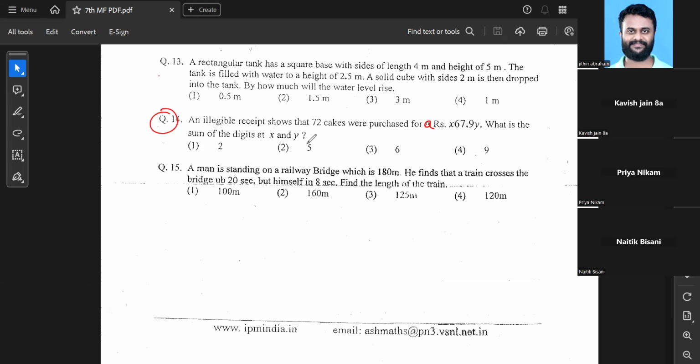Sir, we can do like X and Y. If it is divisible by 72, it should be divisible by 3 and 9. So when we take 3 first, then the X and Y sum can be 2 and 5. But when we take 9, it can only be 5.